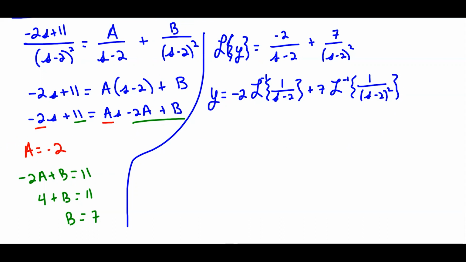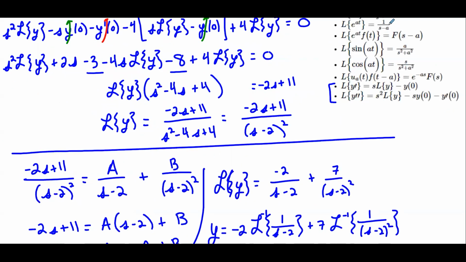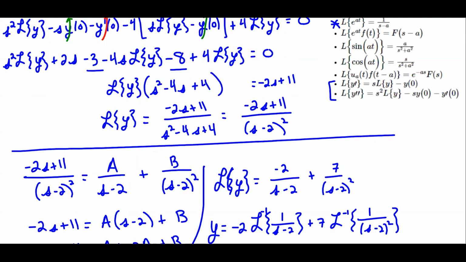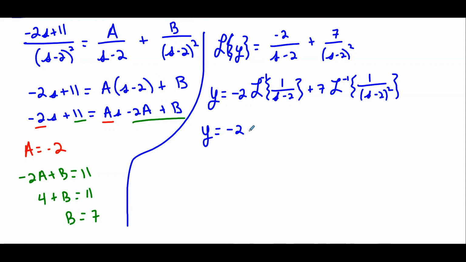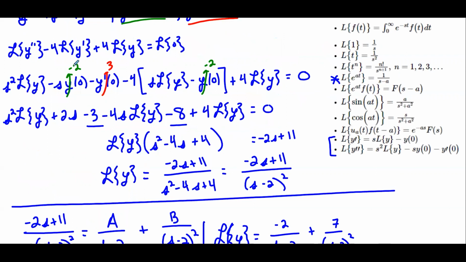So we're just going to go back to our table, and the 1 over s minus 2, I need to use this one, the Laplace transform of e to the at. So the first one's going to be negative 2 e to the 2t. For the second one, it's actually going to be a combo between these two. So it's 1 over s squared, but it's also s minus a inside the square.